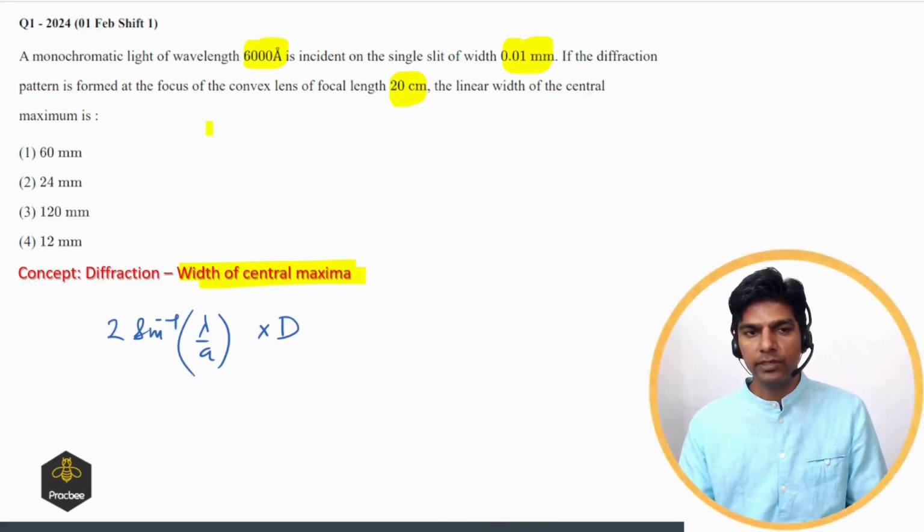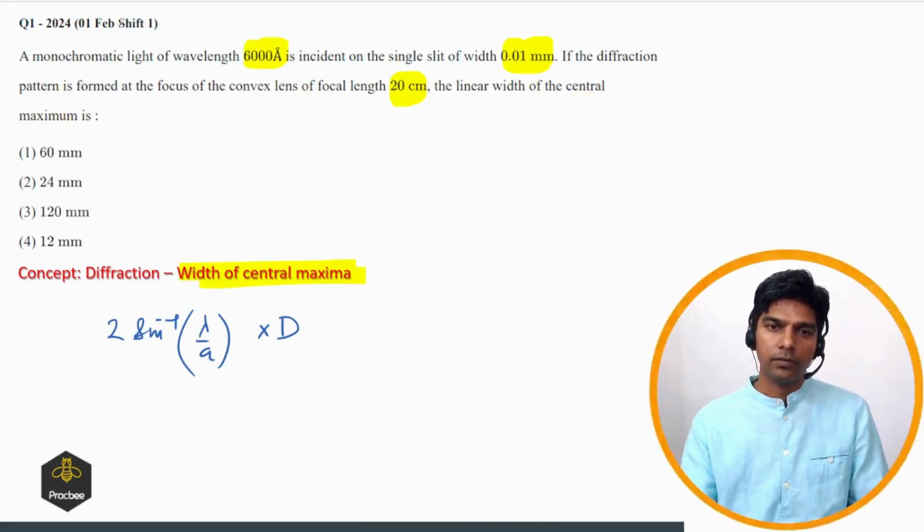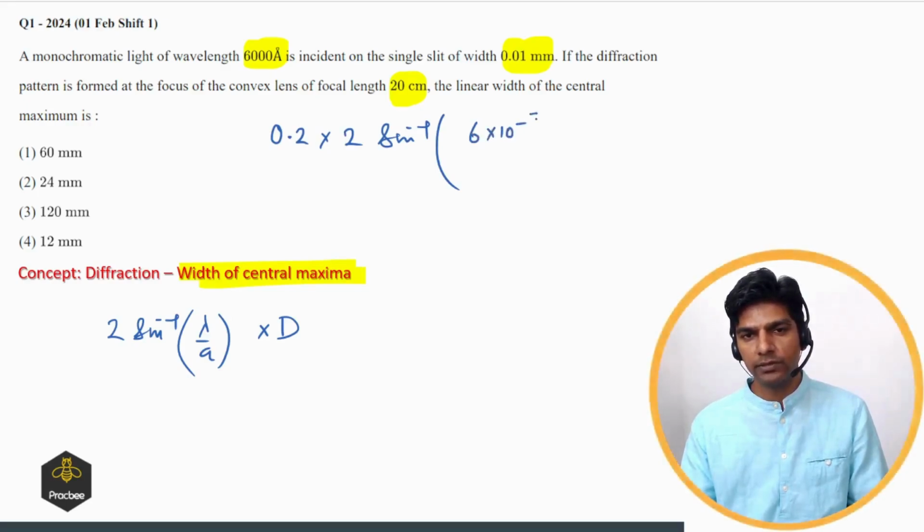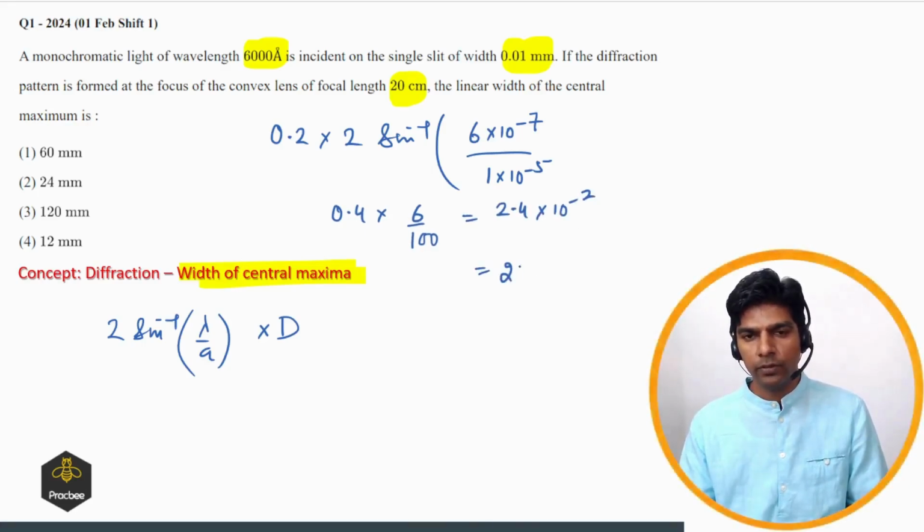The linear width of the central maxima. So let us put the value in this formula. So capital D is 0.2 times 2 times sine inverse lambda by a. Lambda is 6 into 10 raised to power minus 7. A is 1 into 10 raised to power minus 5. Again, theta is very small, so we can say it will be 0.4 times 6 by 100. So that will be 2.4 into 10 raised to power minus 2, or we can say it will be 24 into 10 raised to power minus 3 meters, or 24 millimeters. So option 2 is the right answer.